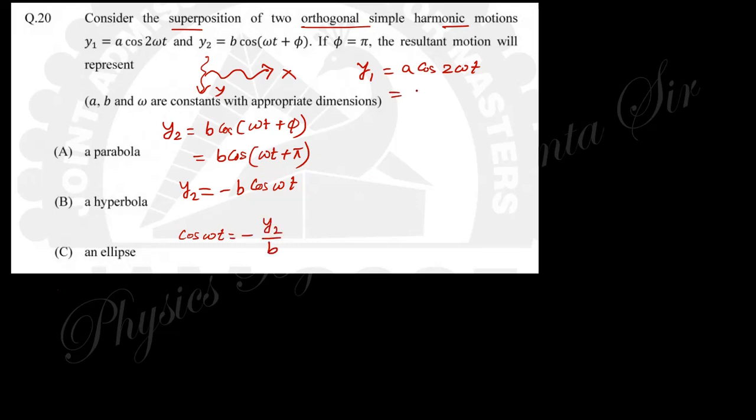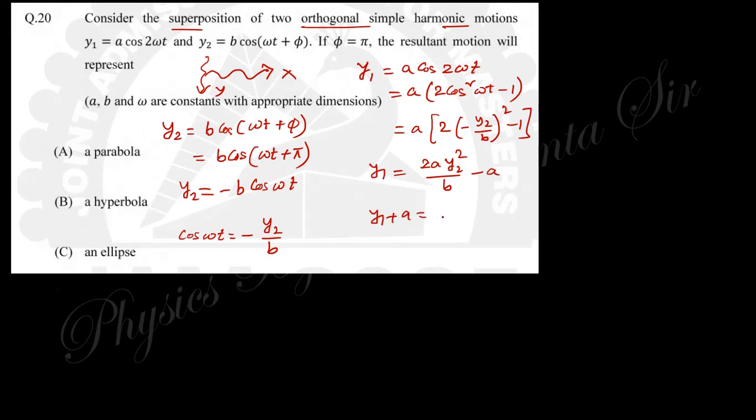Here the formula of cos 2 theta is 2 cos square omega t minus 1. So this is a times (2 cos square omega t minus 1), that is 2 times (minus y2 by b) whole square, minus 1. So this becomes 2a y2 square by b square, minus a. So y1 plus a equals 2a by b square times y2 square.